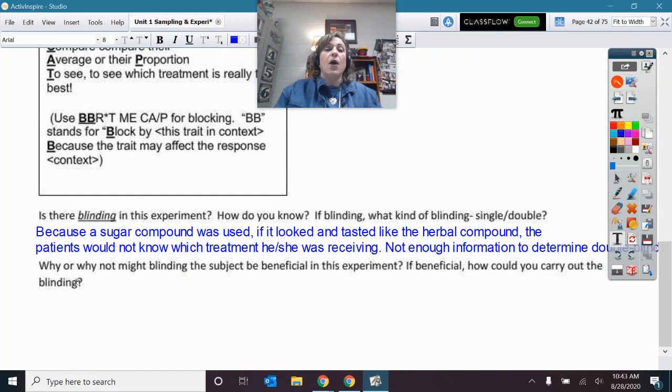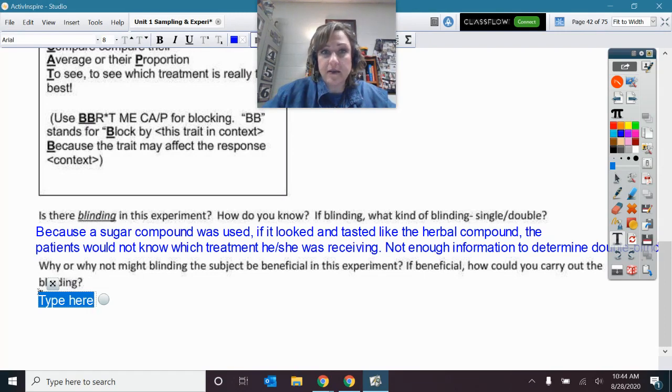Now, why or why not might blinding the subject be beneficial in this experiment? If beneficial, how could you carry out the blinding? Oh, we already know how to carry out the blinding because we had that. So I guess I can't answer that part. So what do you think? Our result we're measuring is cold severity.